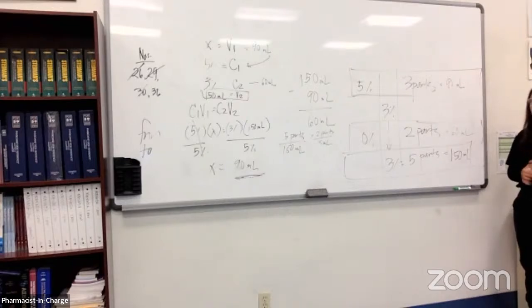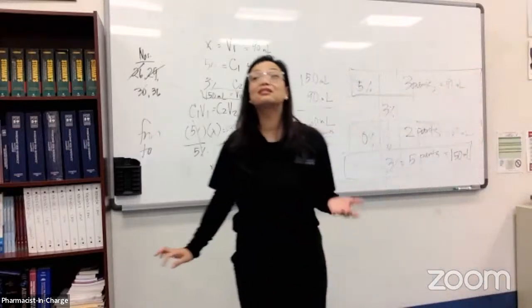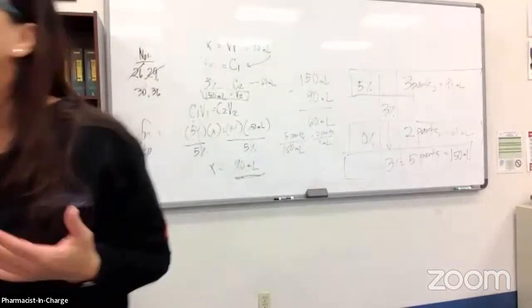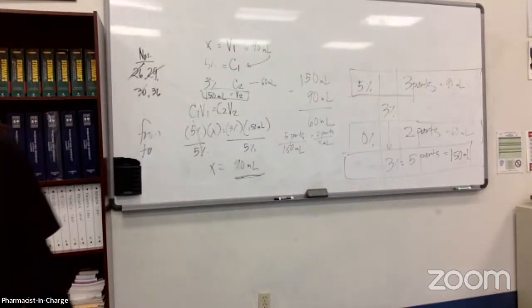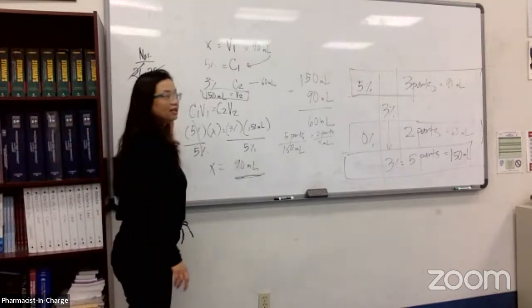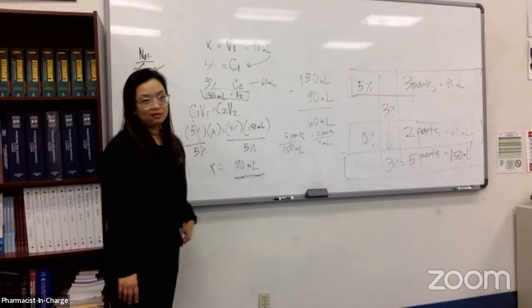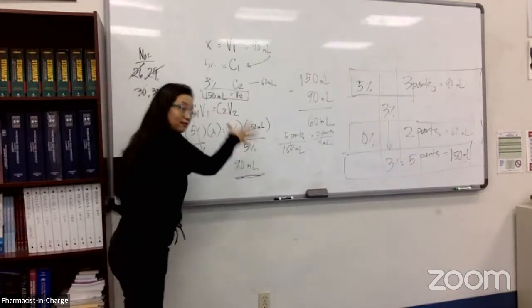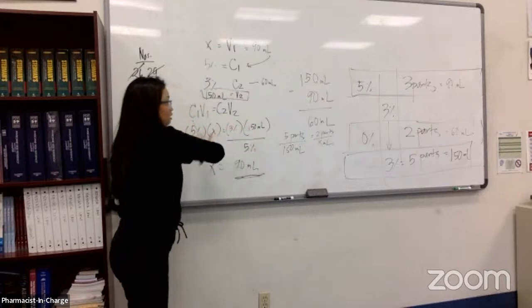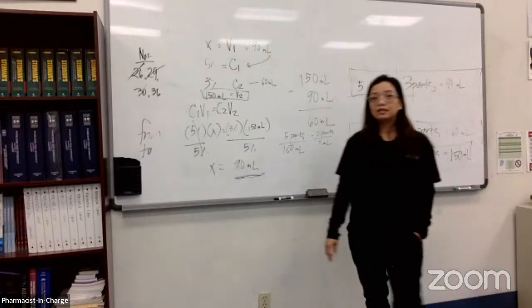If it didn't specifically tell you to use the alligation method, when it's a dilution problem, C1V1 equals C2V2 works. I just use this on tests because it's faster. It's just faster. But you have to have good knowledge and foundation of alligation. So what do I do when I'm taking tests?